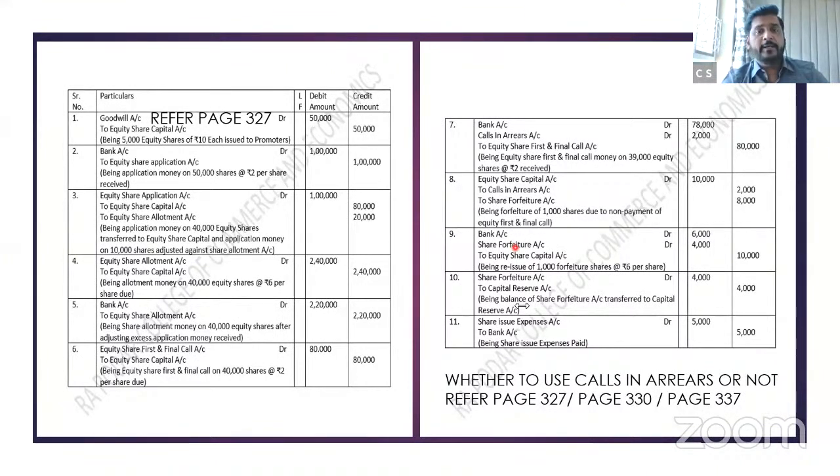I would say yes. Every question which you are attempting, where there needs to be some working note, or any kind of working to find any particular amount, you need to give it properly.